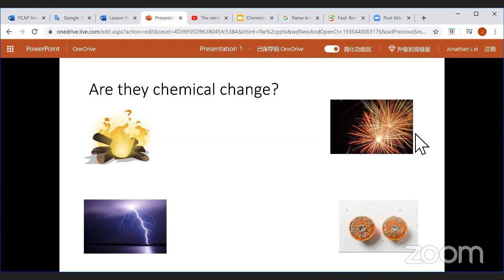I think so. Basically, the principle of firework is flame test, which makes it physical change. But there are some other substances that react, which makes it chemical change. So yes, it is chemical change.